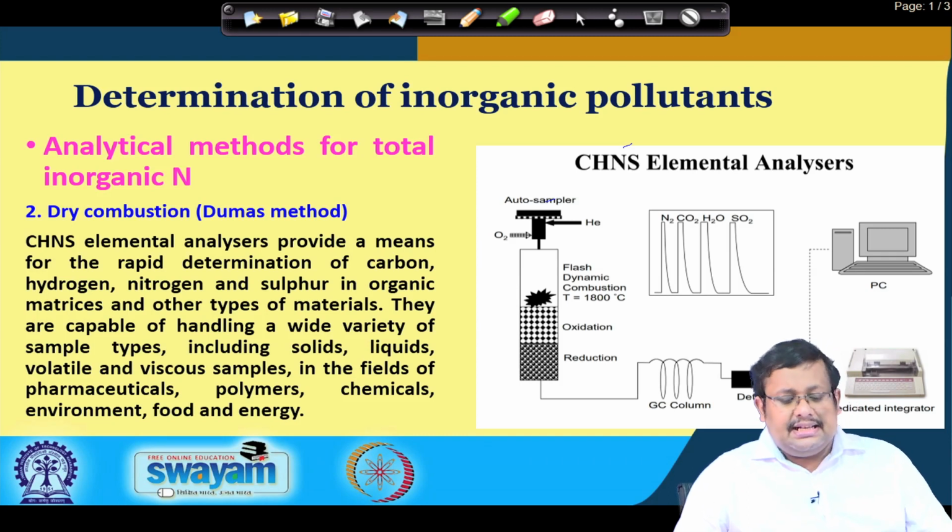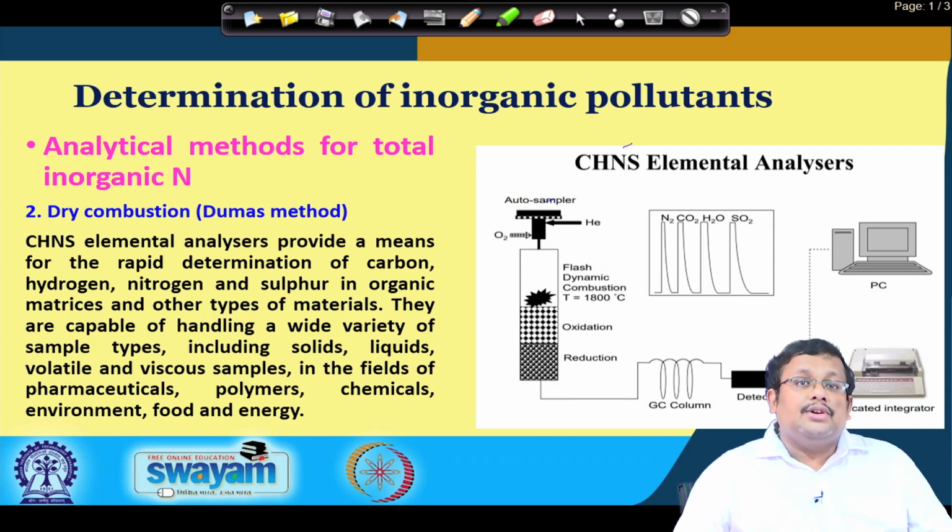This CHNS analyzer provides a means for rapid determination of carbon, hydrogen, nitrogen and sulfur in organic matrices and other types of materials. So, basically it gives you the total concentration or total content of carbon, hydrogen, nitrogen and sulfur in organic matrices and other types of materials.